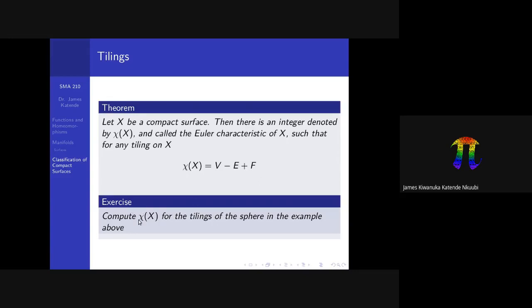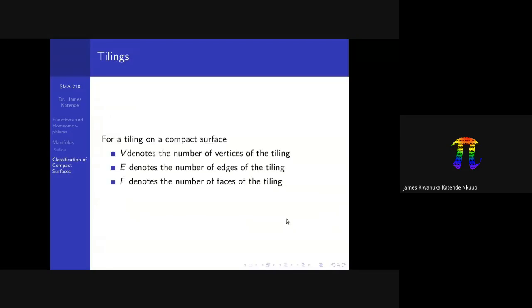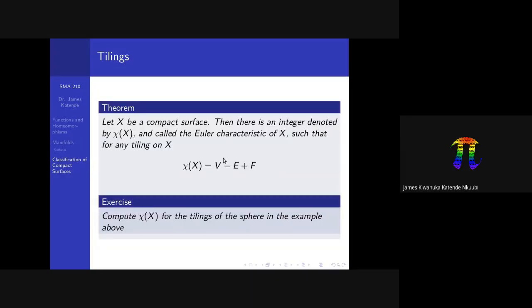So we have an exercise. We need to compute the Euler characteristic for the tilings of the sphere in the previous example. We have 3 of them to compute. Try computing the first one. Just note down the formula. The formula for computing the Euler characteristic is this: V, the number of vertices, minus the number of edges, plus the number of faces.